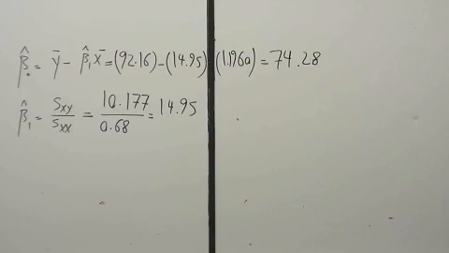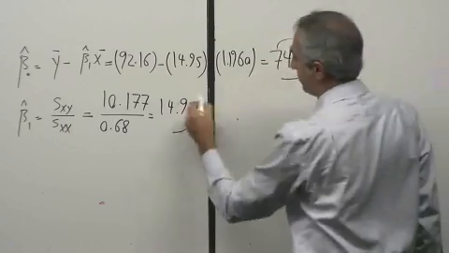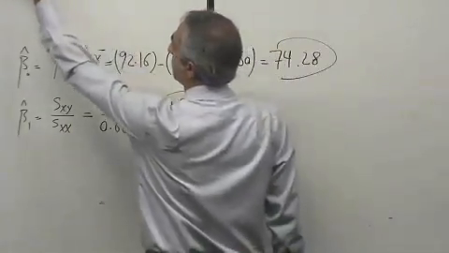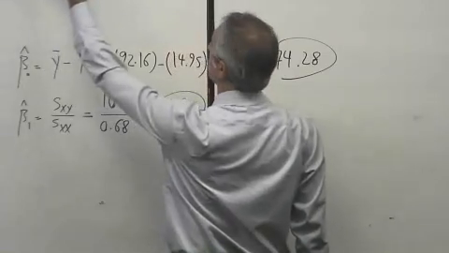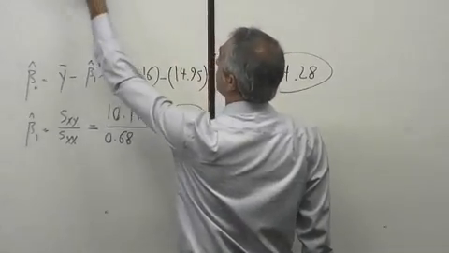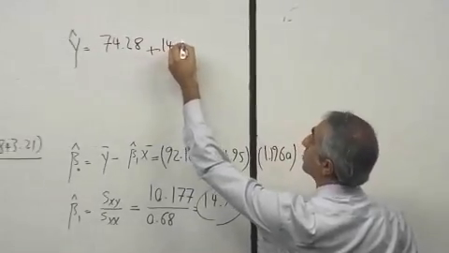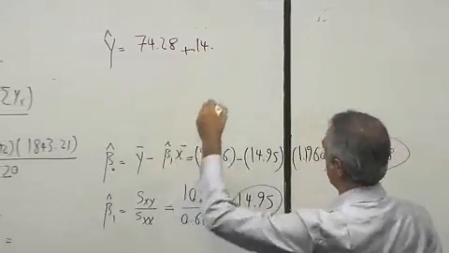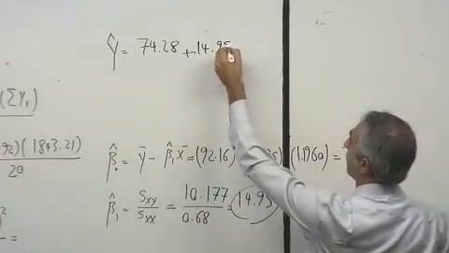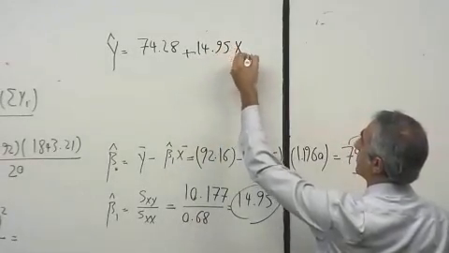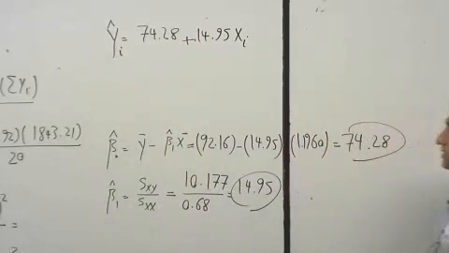Okay? That's beta 0 and beta 1. Very simple. So our line, fitted line, is 74.28 plus 14.95x. So that's the prediction line or fitted line.